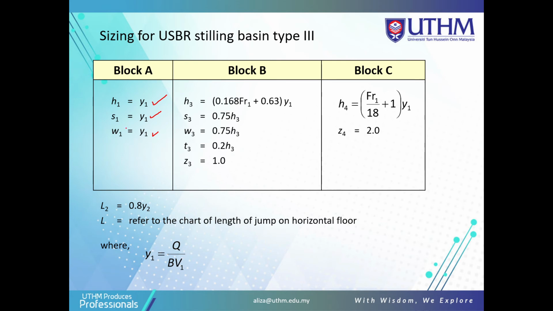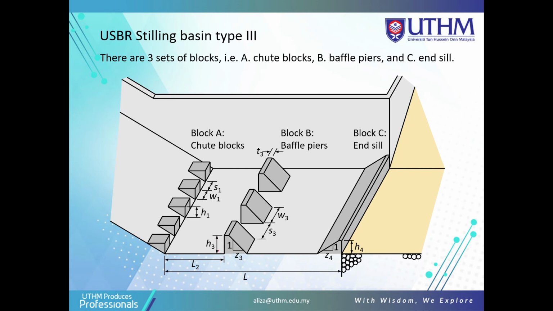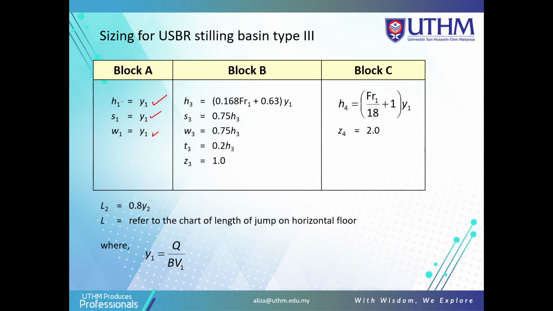This is the basic assumption that you must know for block A. For block B, to get H3, it is based on H1, Y1, and S1, which are the same length as Y1. That's why H1, S1, and W1 are equal to Y1. H3 is this, S3 is this one. This formula is given. W3 is 0.75, and T3 is 0.2.